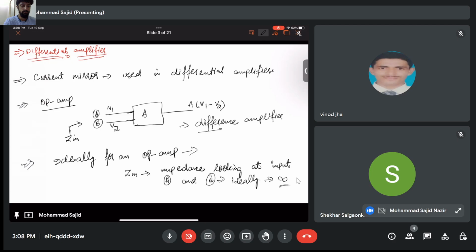Like we have in MOSFETs for voltage amplifiers, the input impedance should be as high as possible, and ideally it should be infinite.